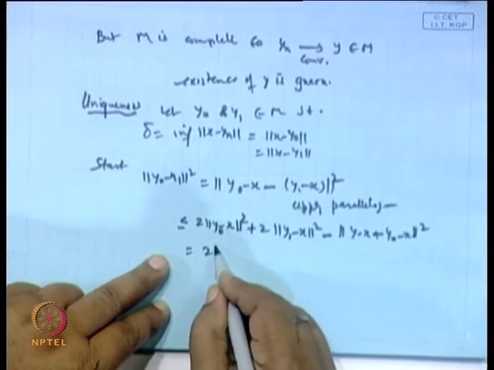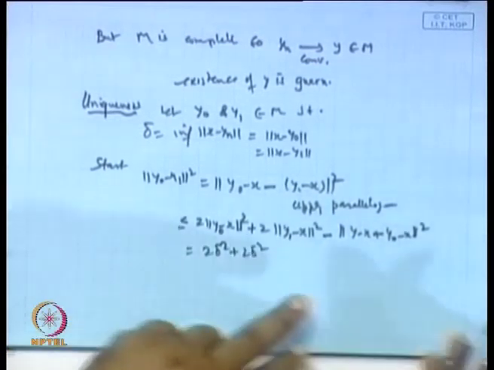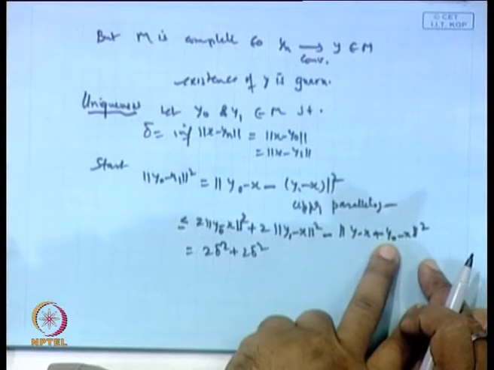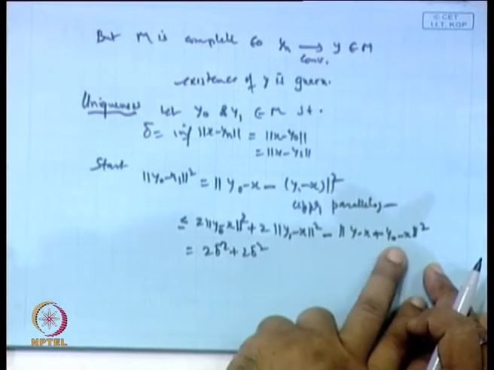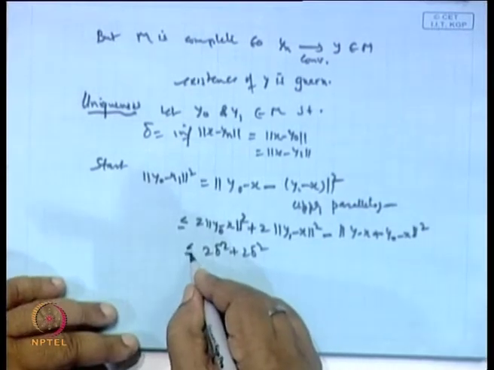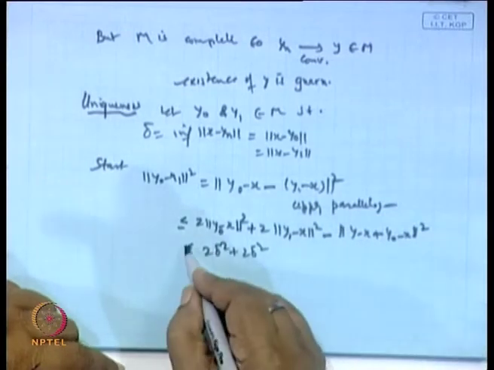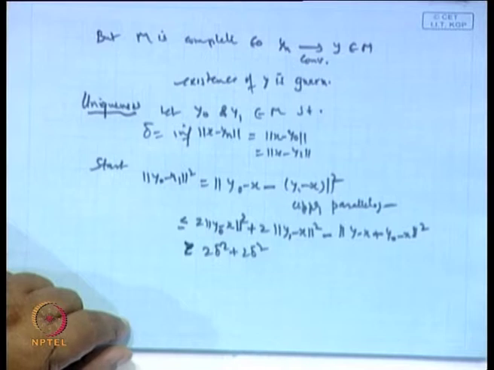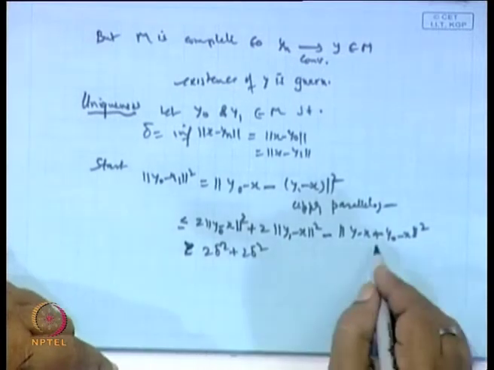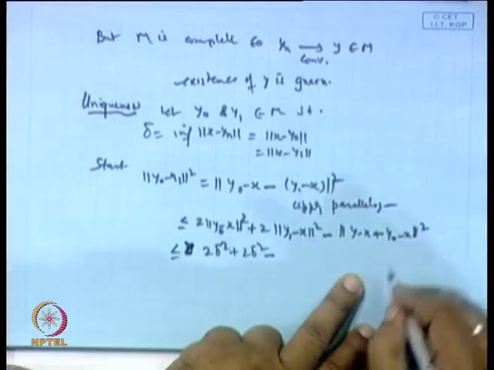So, this will be 2 delta square plus 2 delta square, and this part, since 2 can be taken outside, is greater than or equal to delta. So, we get this is less than or equal to, this part belongs to M.